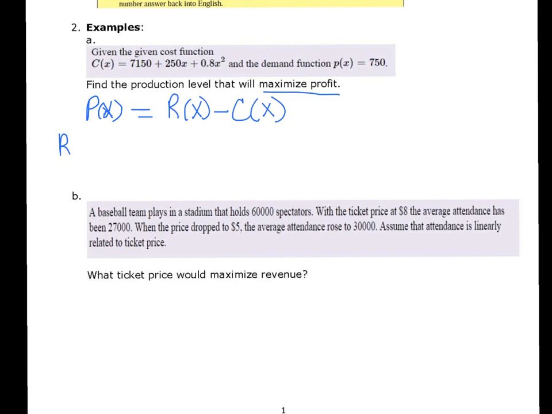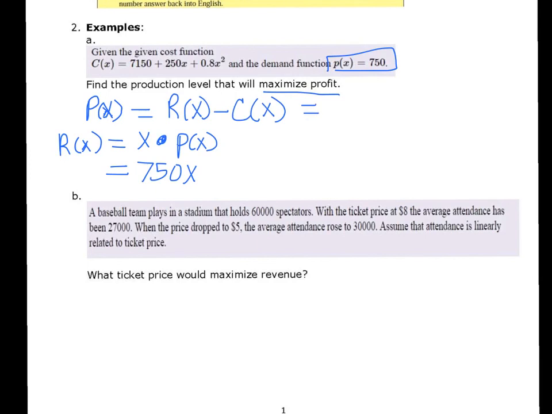But let's think about this. Revenue is equal to the price times quantity sold, or x times p of x, little p of x for price. And little p of x was actually given. So R of x is just 750x.